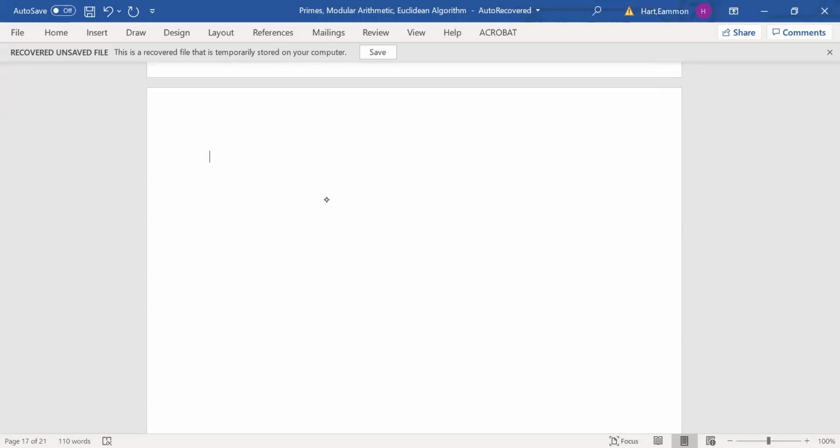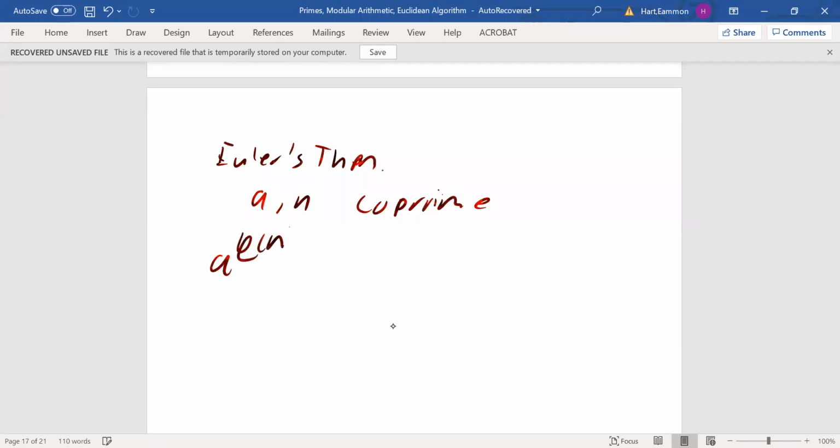So I'm not going to go through and prove Euler's theorem, but Euler's theorem says that if a and n are coprime, or relatively prime, these things mean the same thing, they just share no factors, then a to the phi of n is congruent to 1 mod n.